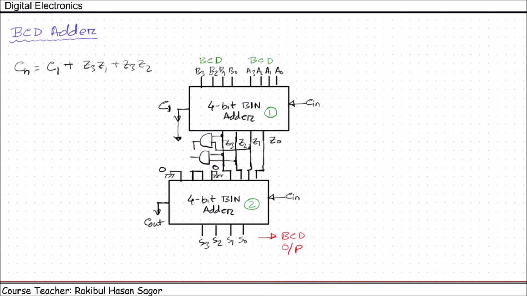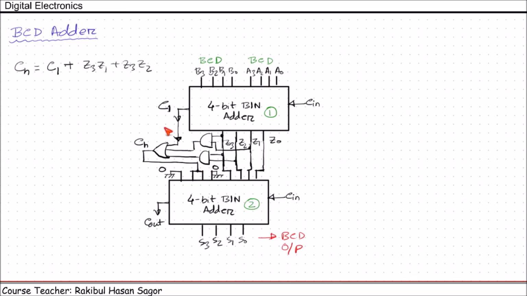The output will pass through the OR gate, and this C1 will also pass through the OR gate, and this checker output will be connected with this.